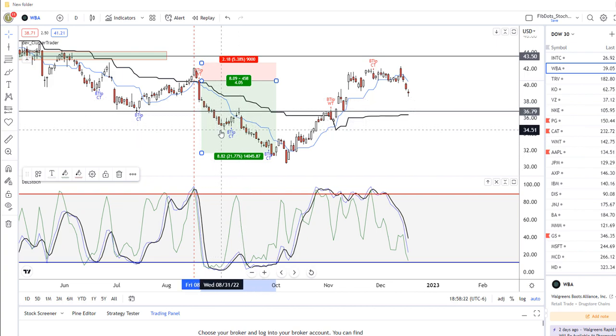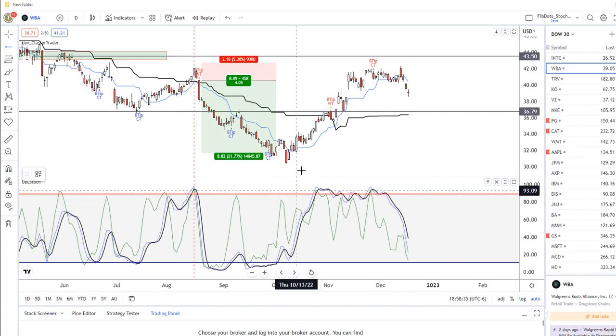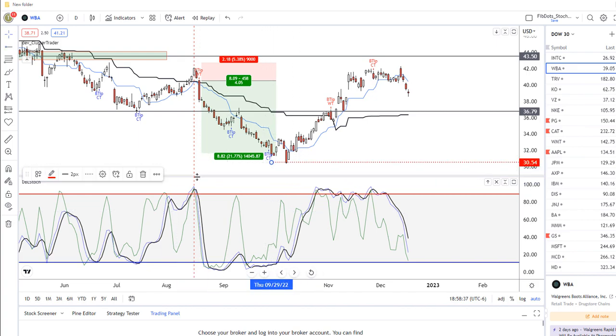We broke below it, came back up to it, sold off. Now we're looking for our next oscillator trade. We don't have any support levels until this guy puts in this little reversal bottom right there. So we're kind of in no man's land right now.